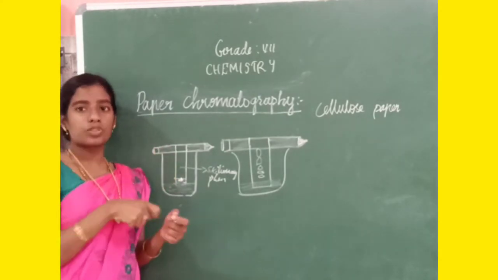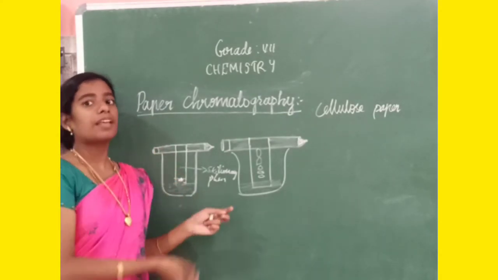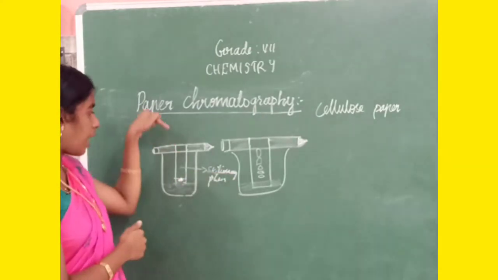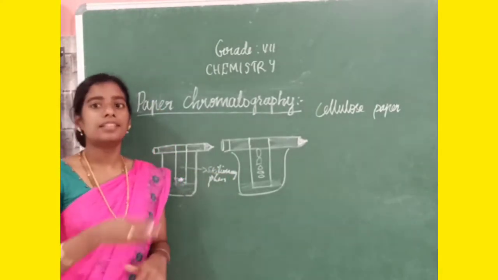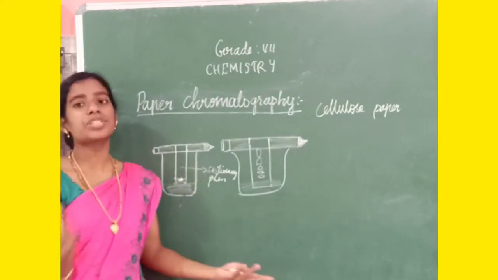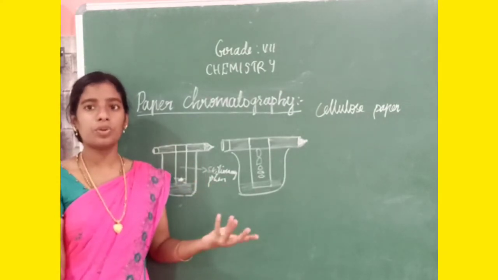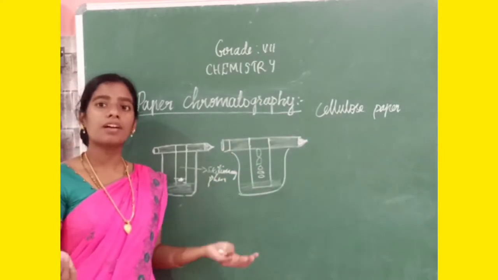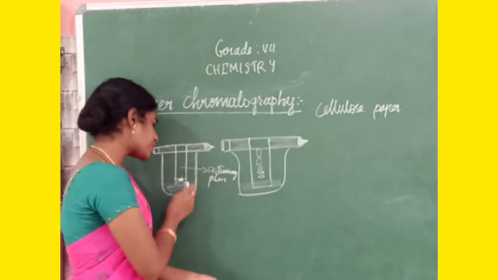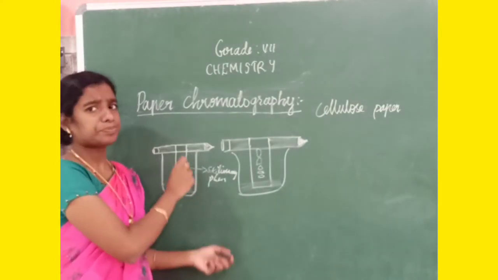After putting the drop of ink on the paper, you have to dip it inside this jar. This jar contains some solvent. That may be a liquid, that may be alcohol plus liquid. Some solvent should be there.